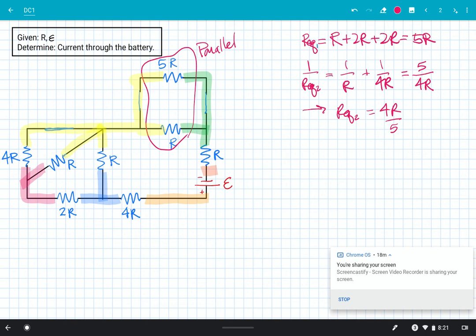I think I will take this one out, and that means we can get rid of the wire it was on and just represent it over there, where it was, with 4R over 5.